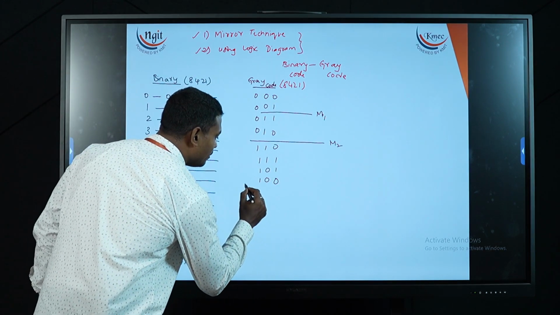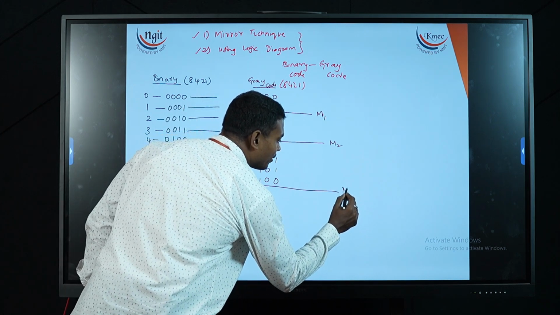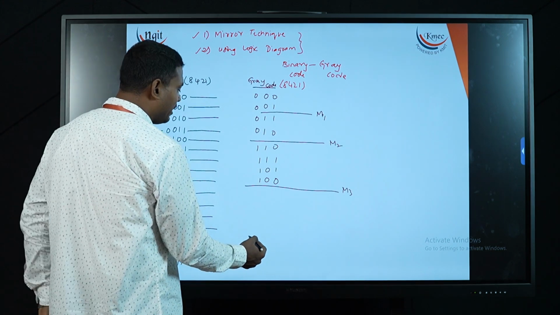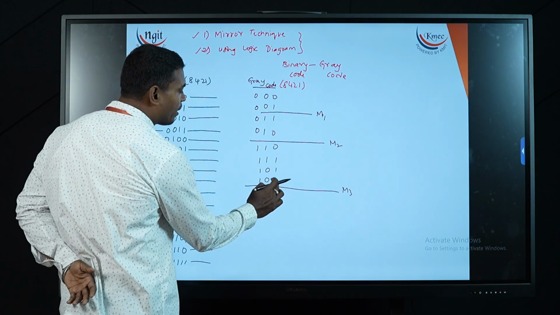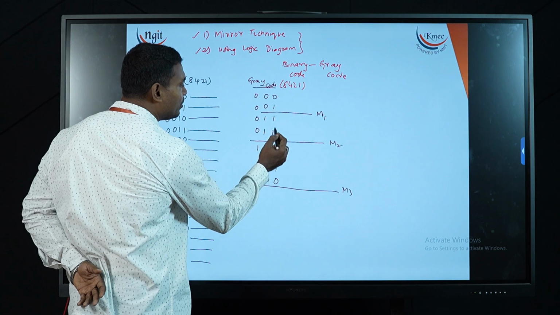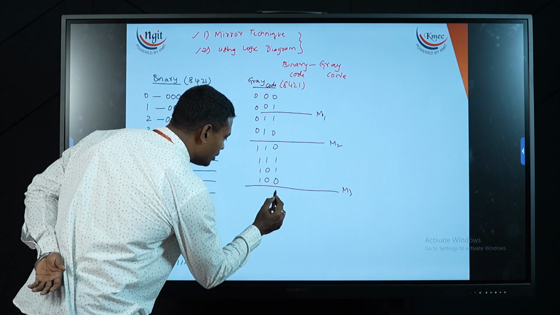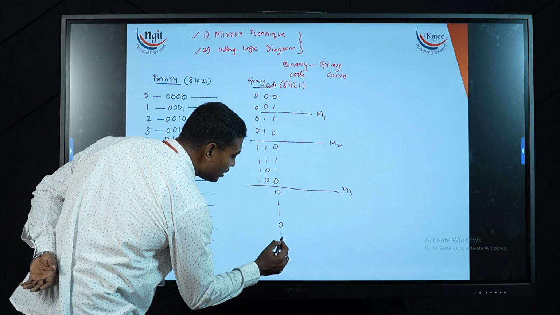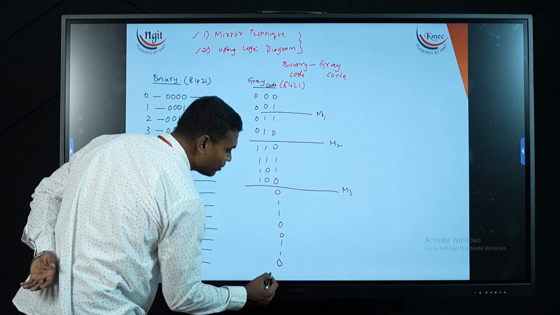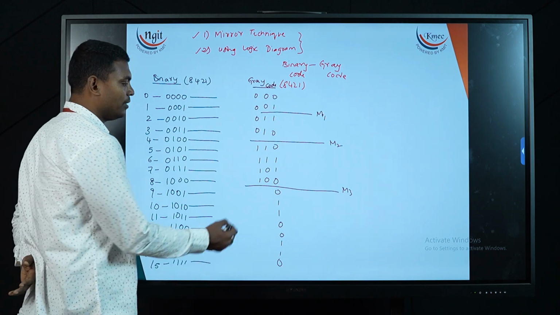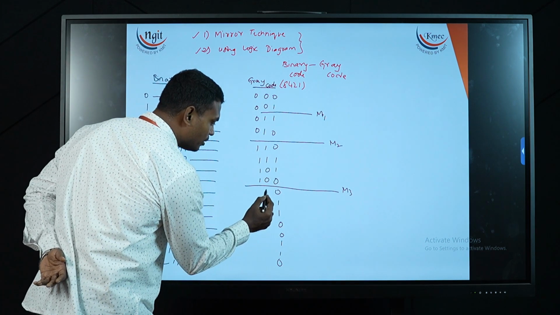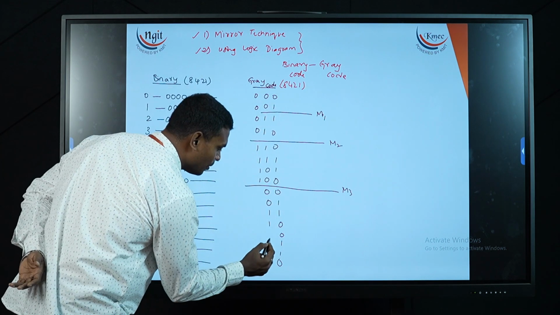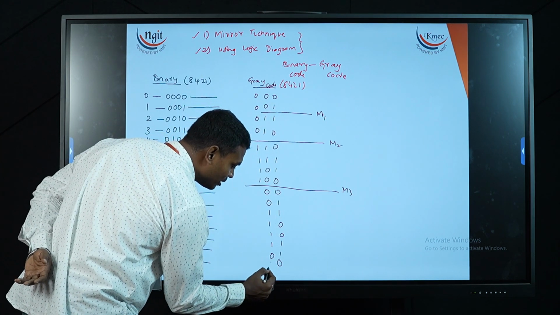Now again mark one more mirror here, mirror 3. Now my values will look like 0, 1, 1, 0, 0, 1, 1, 0. Next again 0, 1, 1, 0. Next 0, 0, 1, 1, and next 1, 1, 0, 0.